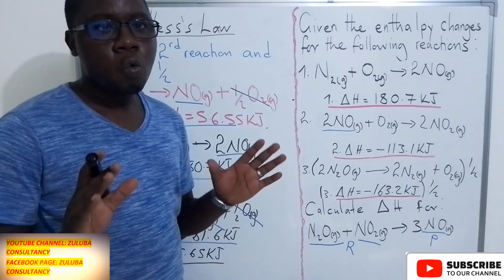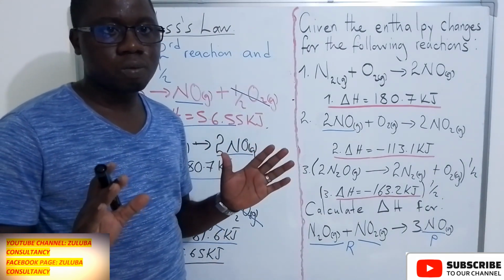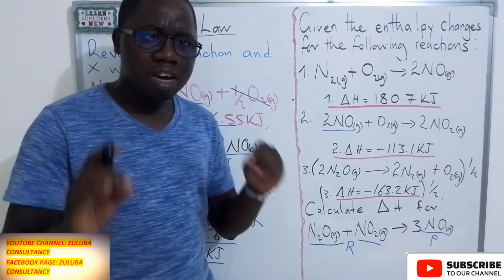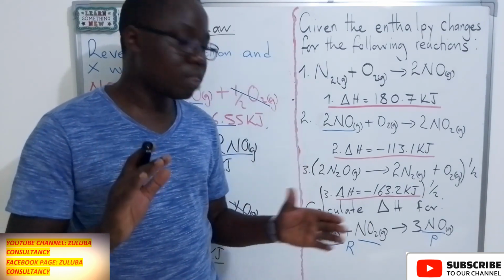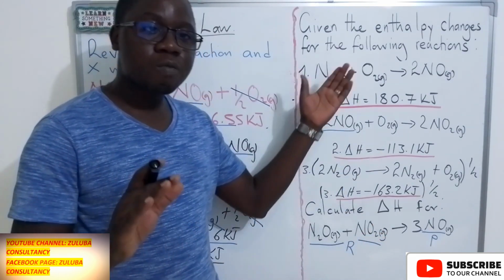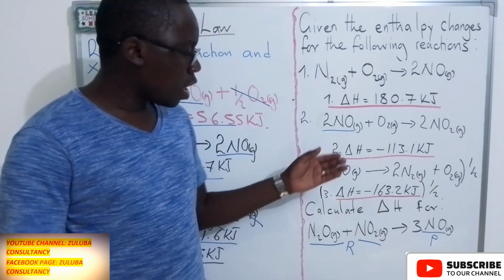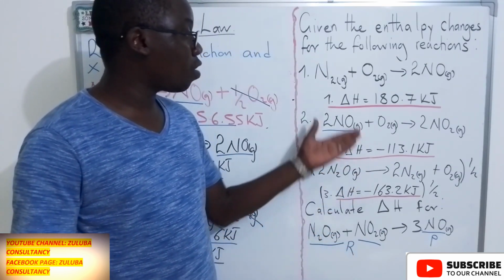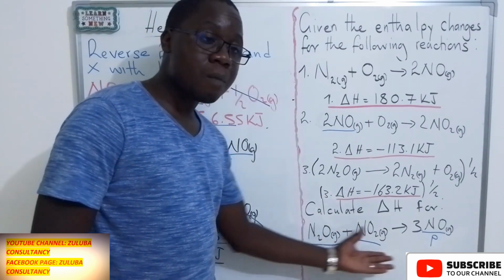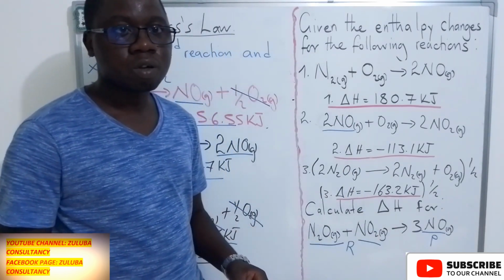In summary, what have we looked at in this video? The target that we have when you have been given the question to calculate the enthalpy change and you have been given different reactions is to analyze what steps can be done to the reactions that you have been given to come up with the overall reaction.